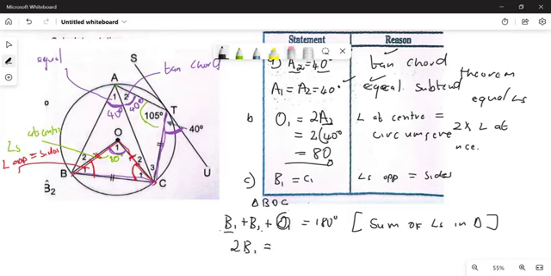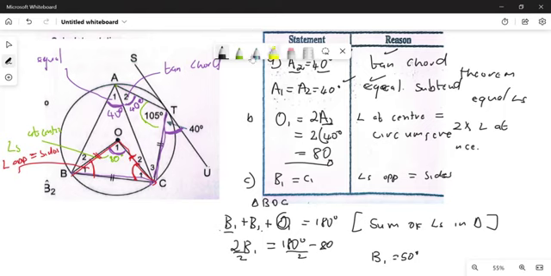We got O1 as 80 degrees. Then we will have 180 degrees minus 80. And then you are going to divide both sides by 2. And then what do you get as your B1? 50 degrees.